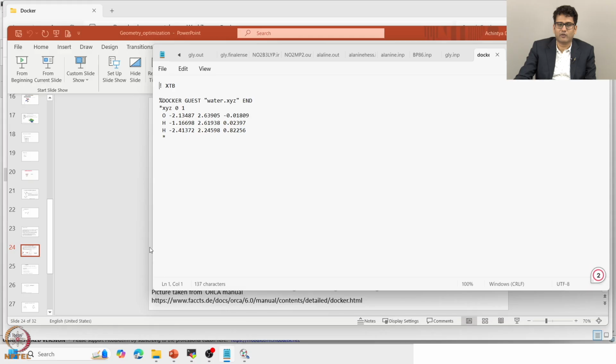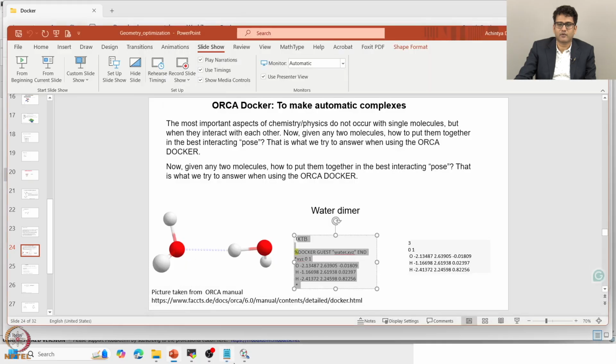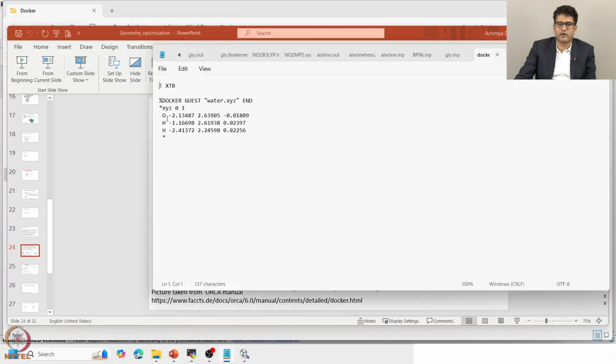And now we have to create the water.xyz. I can create it from this also. I just need to copy this one. So, it is 3, then 0, 1.